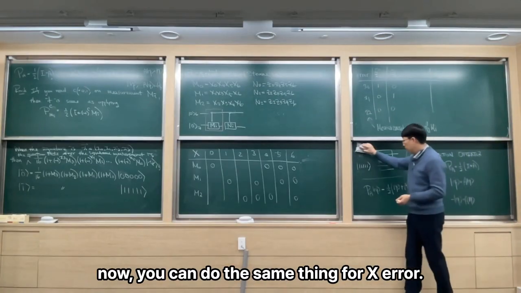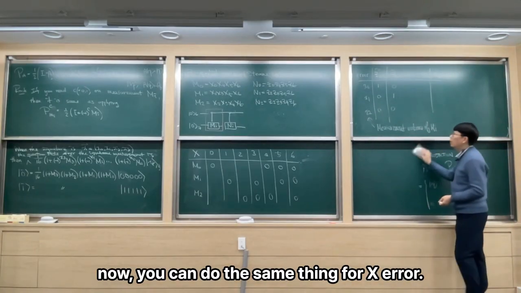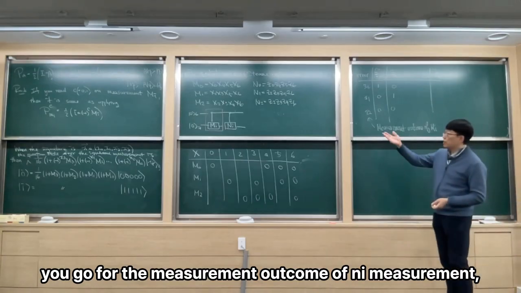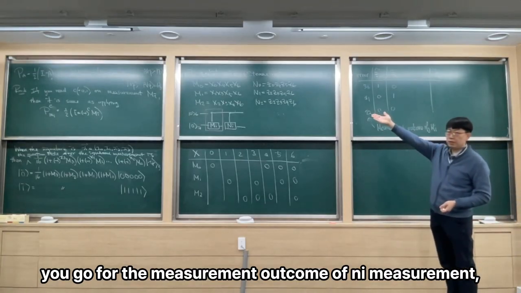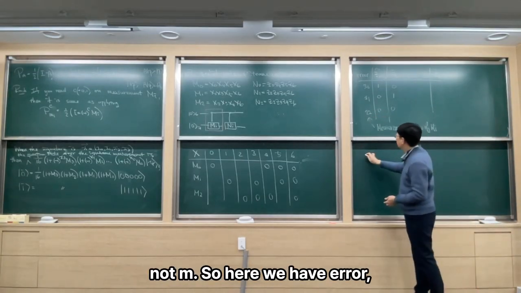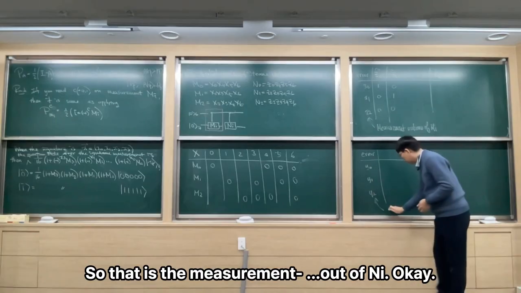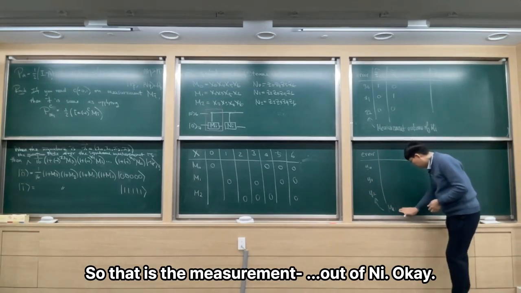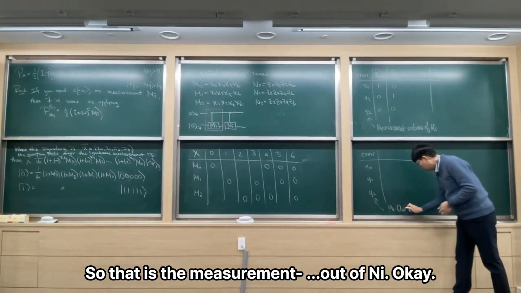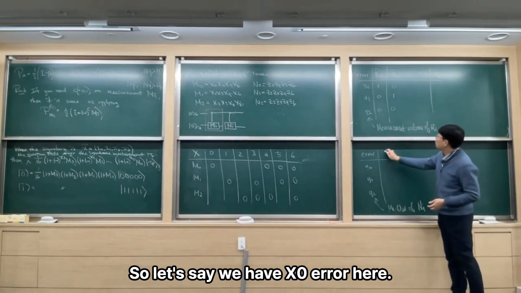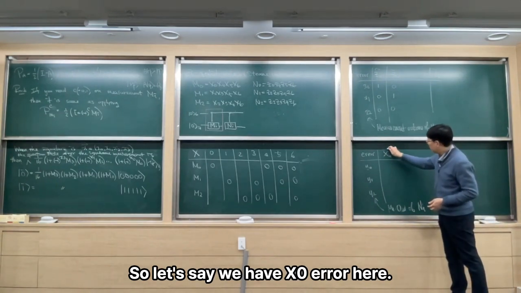So now you can do the same thing for X error. In that X error, you go for the measurement outcome of NI measurement, not M. So here we have error, and let's say Y0, Y1, Y2. So that is the measurement outcome of Ni. Okay, so let's say we have X0 error here.